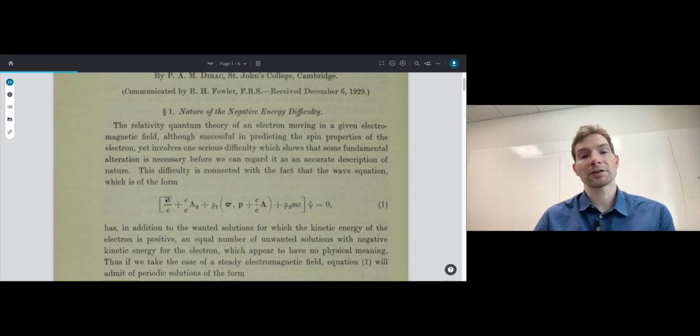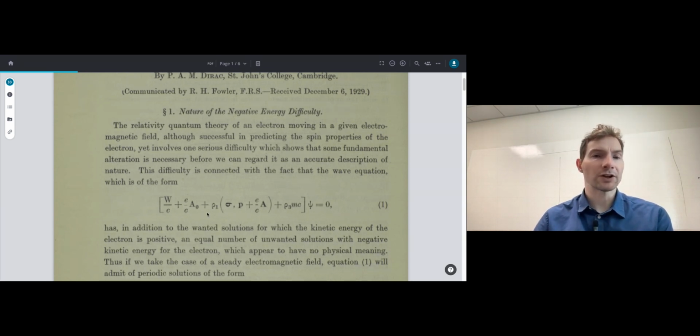This W here corresponds to a sort of kinetic energy operator, and the other parts like rho 3, rho 1, etc., are matrices that Dirac has introduced in his particular equation.